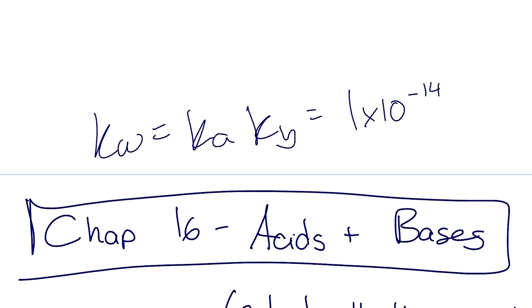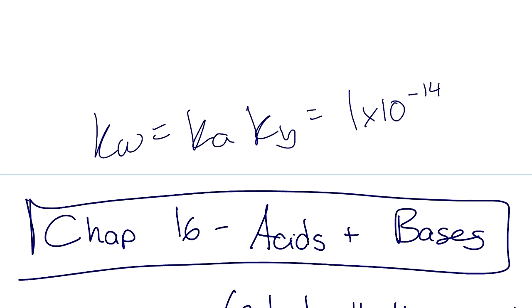Versus if you have a really crappy acid, Ka is what kind of number? Small. So therefore, Kb is big. And then the conjugate base is what kind of base? A pretty good base or a crappy base? It's a good base. So we learned about the numbers, but you're not going to be assessed on the numbers.